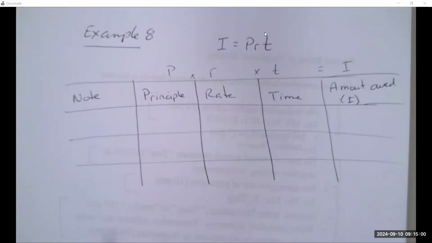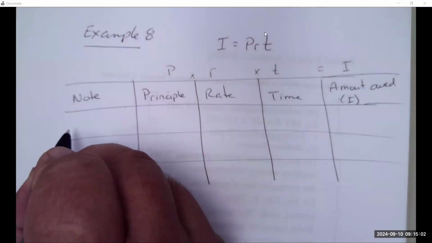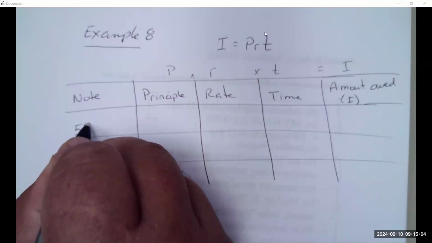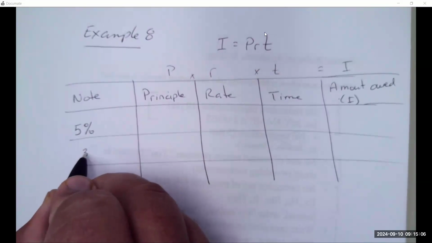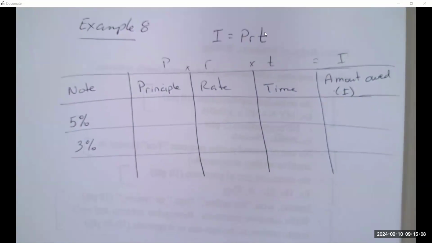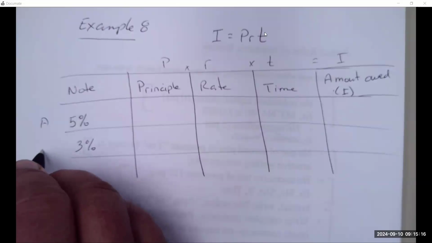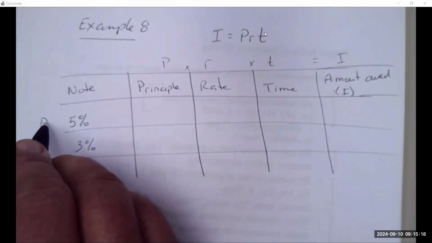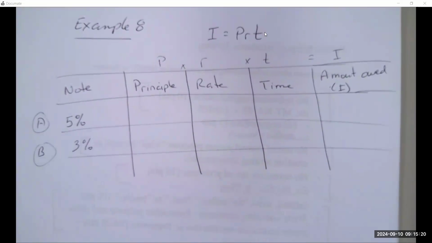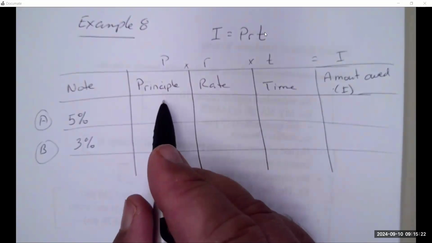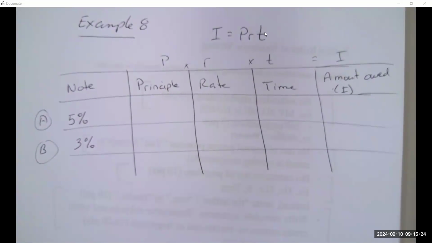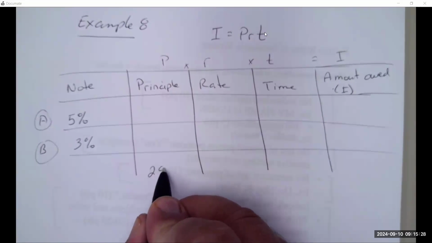So we have two notes. We have the 5% note and the 3% note. We'll call this one A and this one B. Do we know how much we borrowed from there? We know we borrowed 28,000.